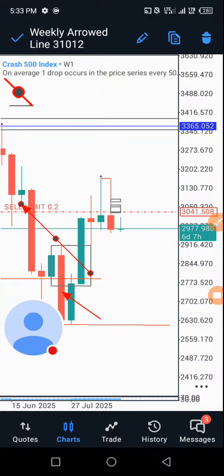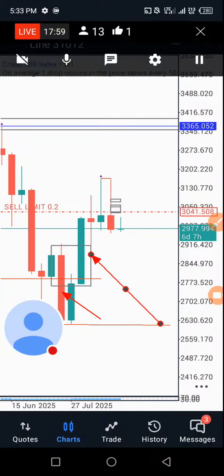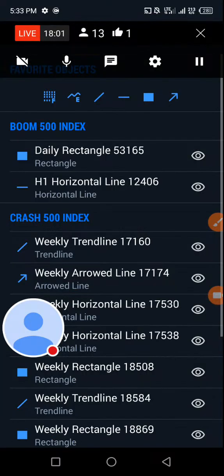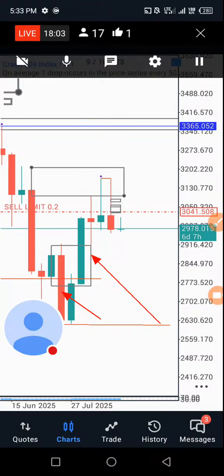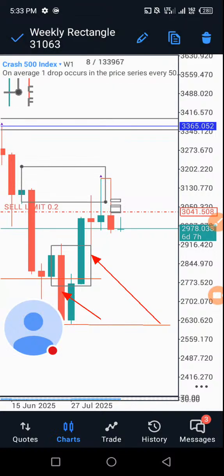And we said that we noticed this order block here, so we just want to highlight that. Okay, so that's the reason we highlighted this particular candle here. We highlighted it, and so you can see that so far so good.